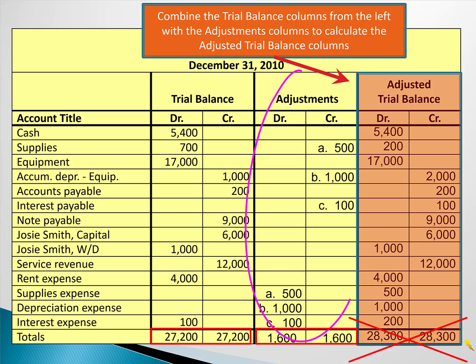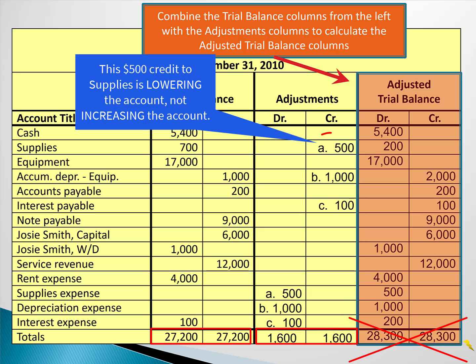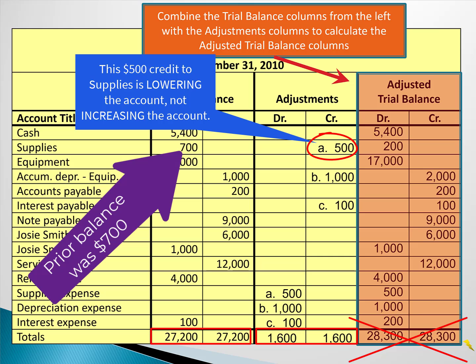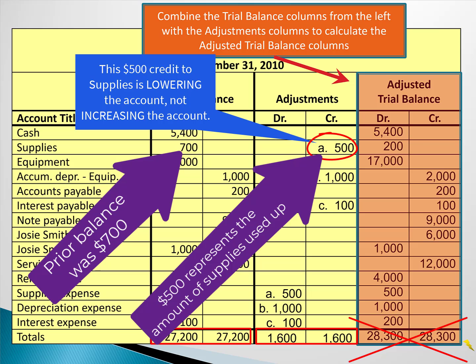Because not all of these debits and credits in the adjustments column are increasing the account. For example, look at supplies. There's a $500 credit. Was that adding to the supplies account? No, the supplies account had a $700 debit, and then we credited the account, which means it's going down.